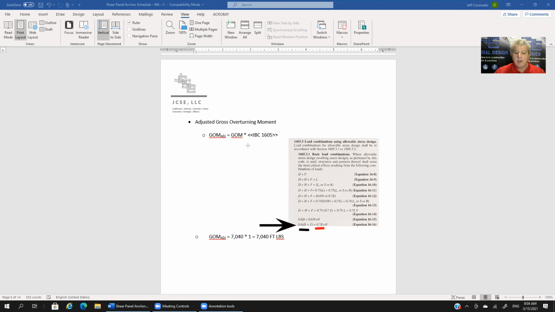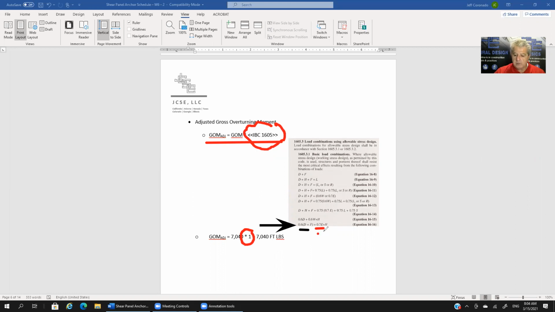So our design gross overturning moment is going to be our theoretical gross overturning moment multiplied by the factor specified in whatever code you're using that governs in your region. In this case, that factor becomes 1, because that W earthquake that we calculated initially at 5 pounds per square foot was already an ASD force.